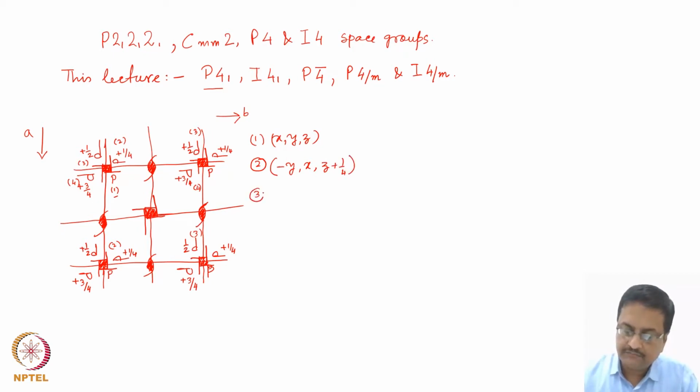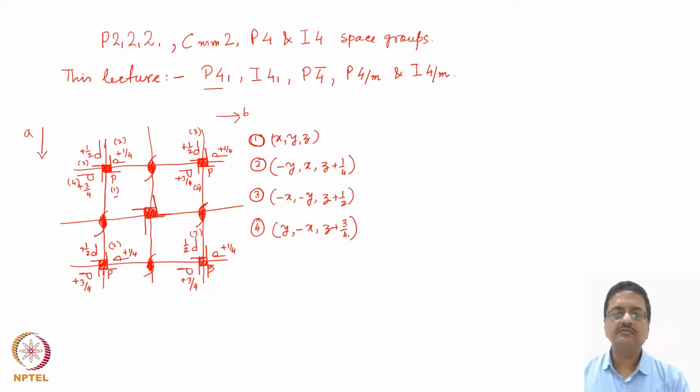Point number 3 will be minus x, minus y, z plus half, and point number 4 will be y, minus x, z plus 3/4. So these are the corresponding equivalent points for the P41 space group.